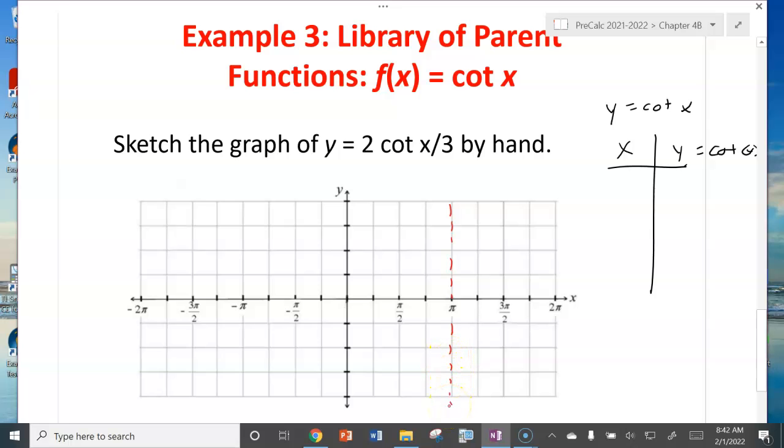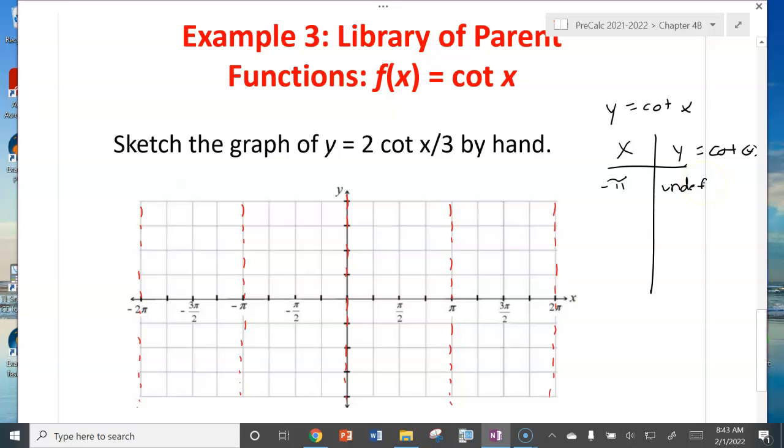And just like the tangent, the period is pi, so we're going to have an asymptote here right on the axis, and an asymptote here. And then again here. So for negative pi, we have undefined.